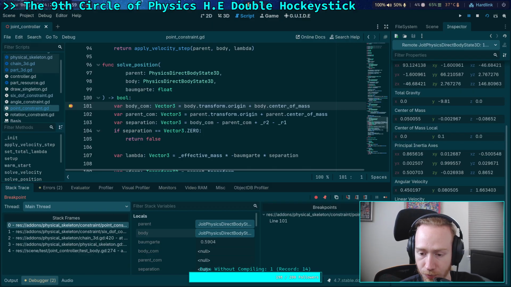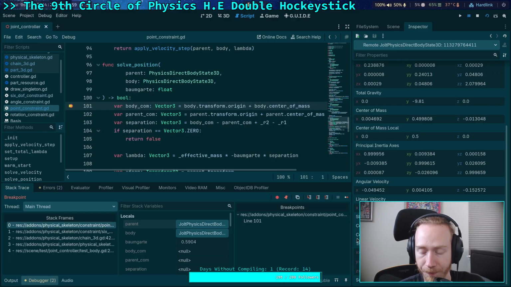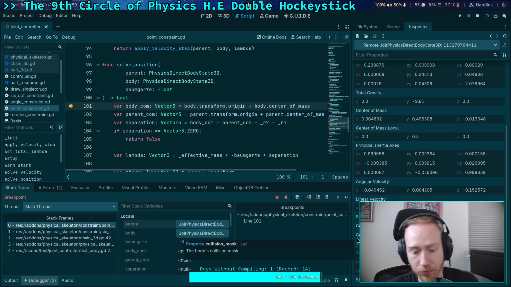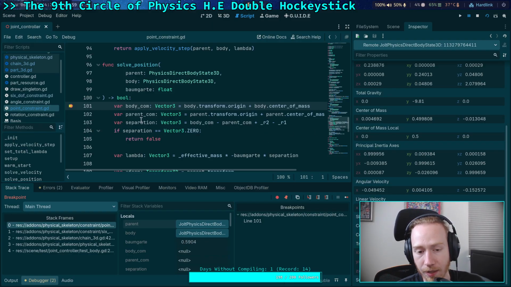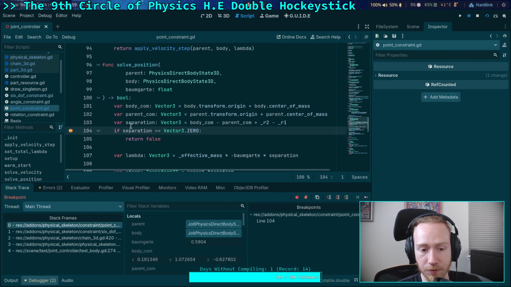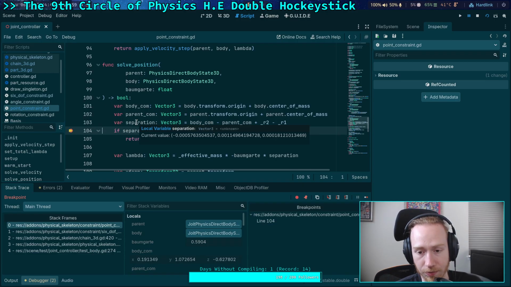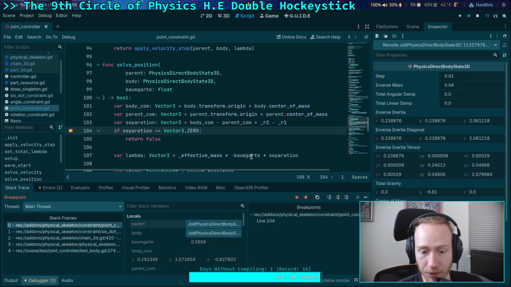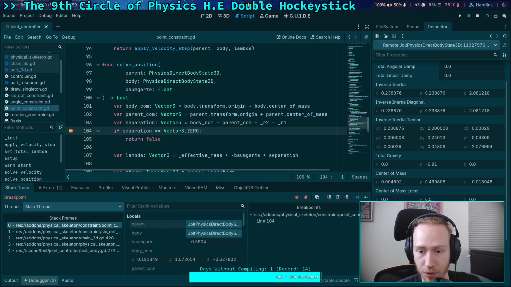And I guess I should look at transform too and see if these make sense. I guess I could actually watch the separation and see what the separation is doing, because the separation should be dropping every time this runs. So there's a separation. Though it does also mean that these have to change.